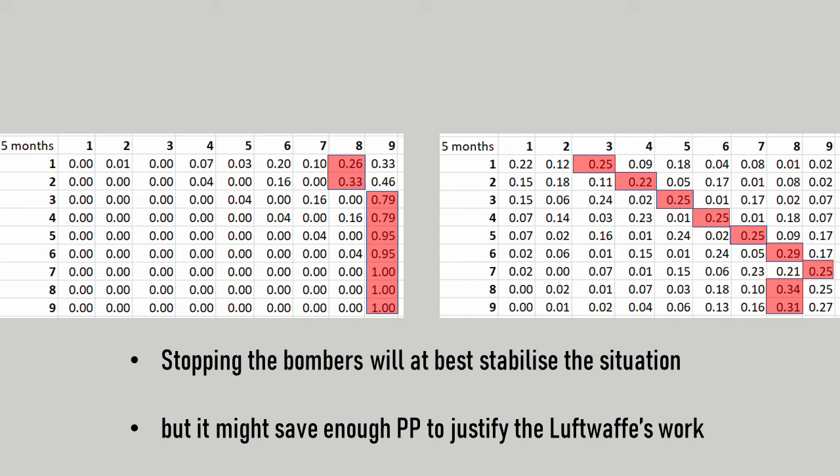The critical thing to realise is that stopping the bombers will at best stabilise the situation. You would need some other bonus, either having conquered fewer countries or still occupying Norway, in order to actually reverse the effects of strategic warfare. Which means that if you're planning to do this, if Luftwaffe air defence is something you wish to engage in, it needs to be in place in 1942.